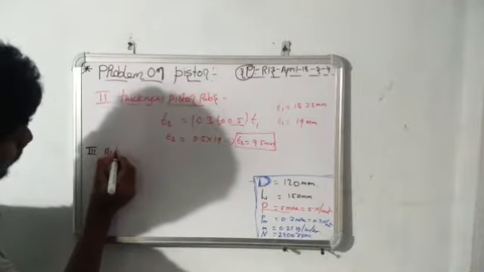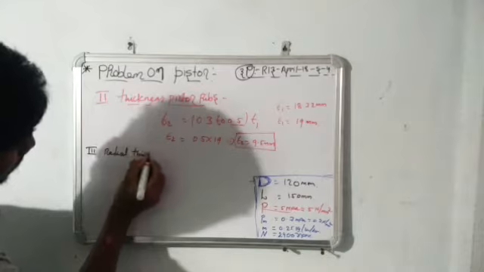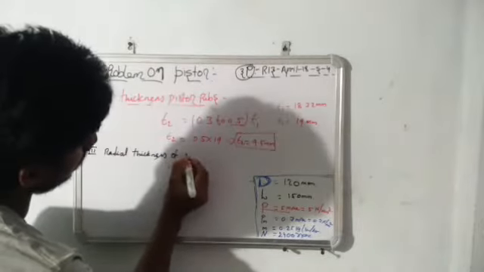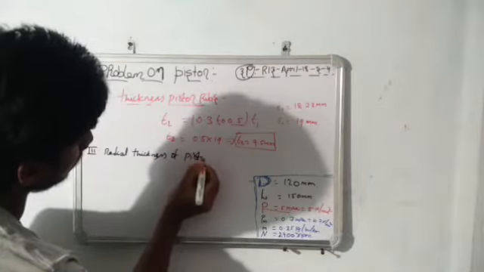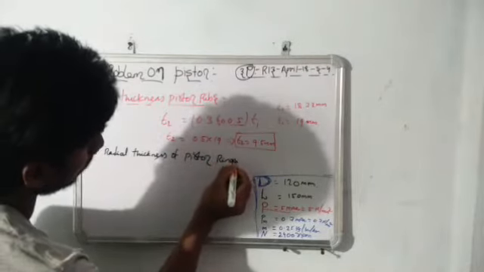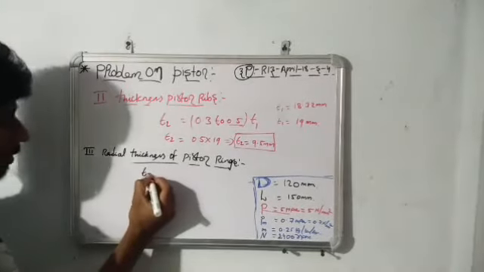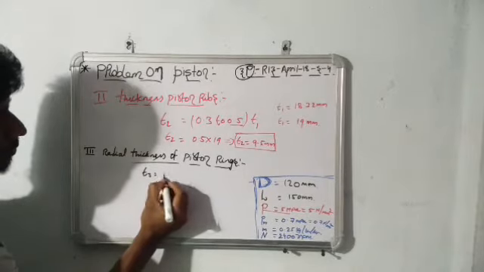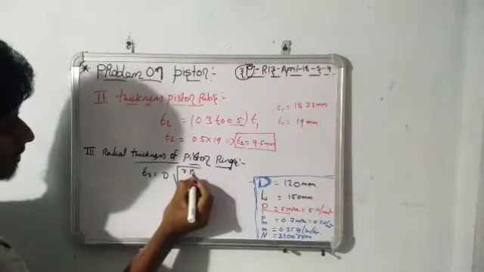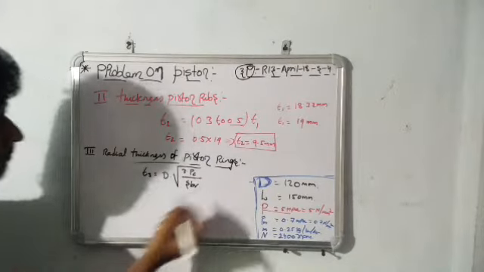Go to the next step, that is the third step here, radial thickness of piston rings. It is denoted by T3. The T3 equal to D into root of 3 PC by SBF.